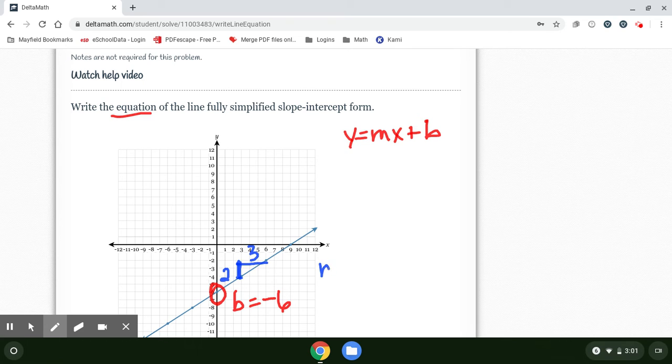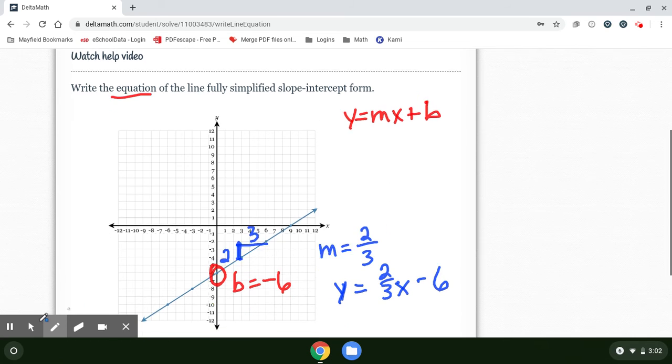So in this case, my slope is going to be up 2, right 3. So if I want to write my line, I'm going to fill in mx plus b, y equals 2 over 3 x. In this case, my b is -6. So I can write -6.